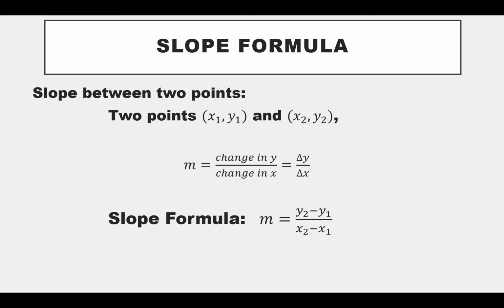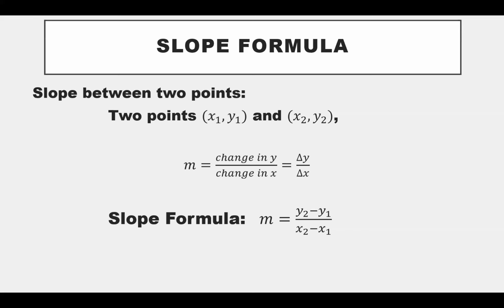Another way we can find slope is by using the slope formula. Now, the slope formula is a formula we use to find slope when I'm given 2 points on a line.